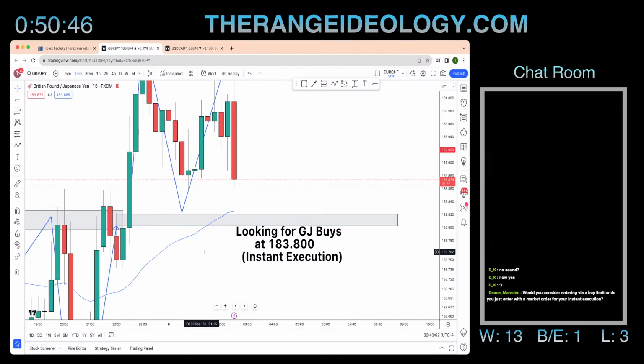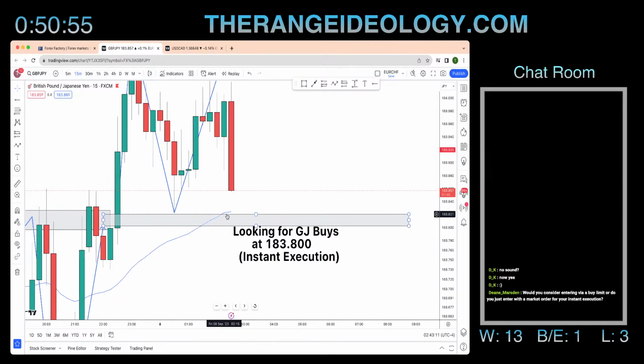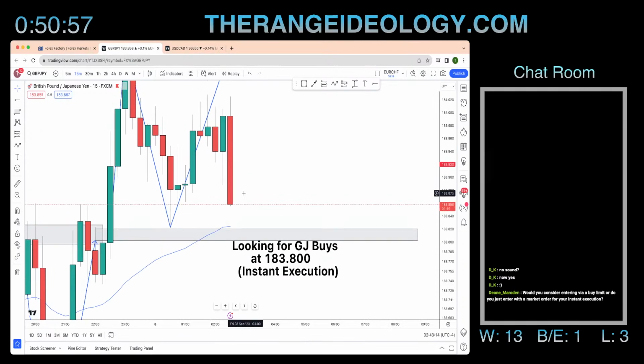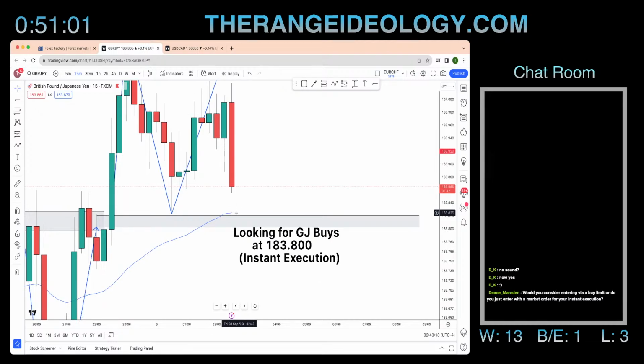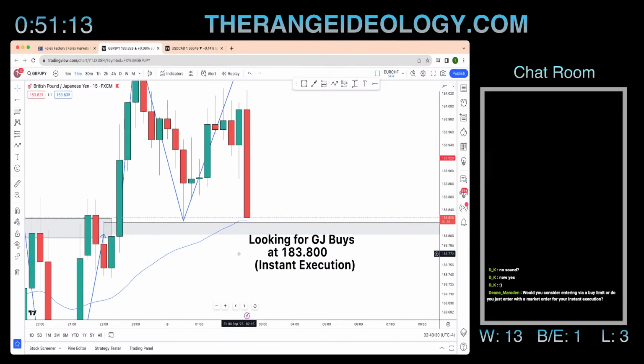Okay, great question. Would I consider entering via a buy limit or just instant execution, as we have a situation right in front of us? I've tried with both, right? I've seen sometimes, for example, in this scenario right here, sometimes in a split second, okay, we'll come back to the question, but right now price is coming to our entry.